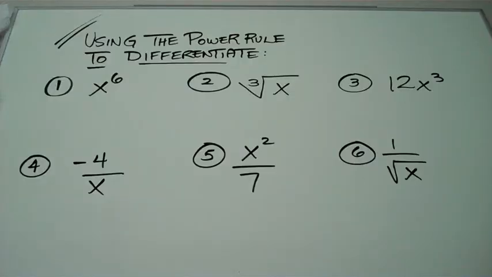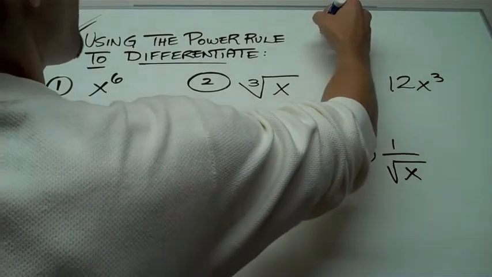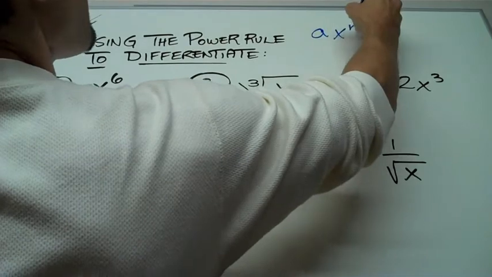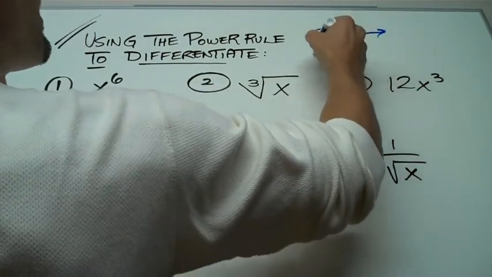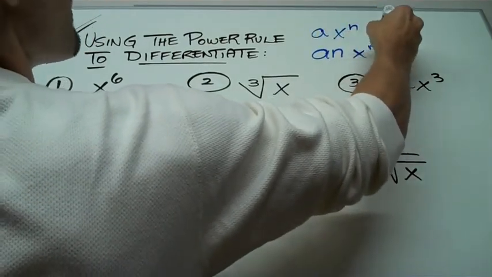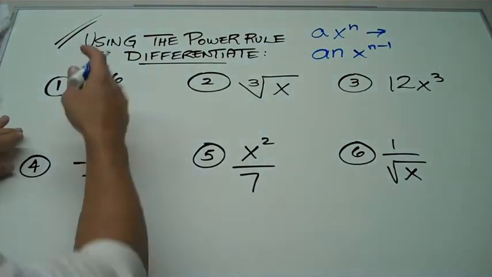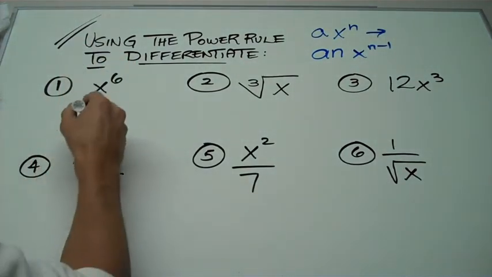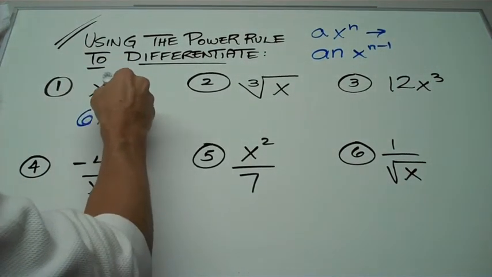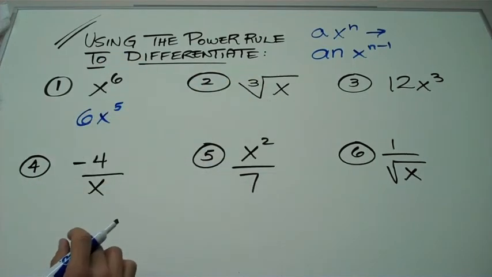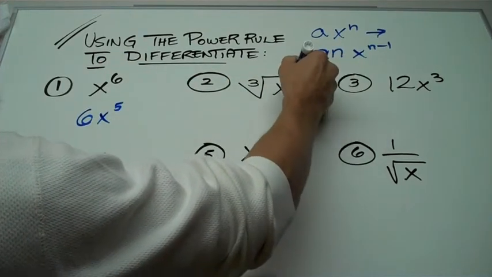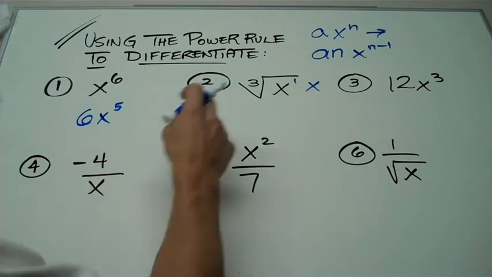Okay, let's do some examples using the power rule to differentiate. Remember, that was if we have a x to the n, then the derivative became a n x to the n minus 1. That was our rule. Well, let's apply this rule. The derivative here would be 6x to the fifth. Here, we'd want to convert this to x to the power 1/3, since the power inside is 1 and the index is 3.